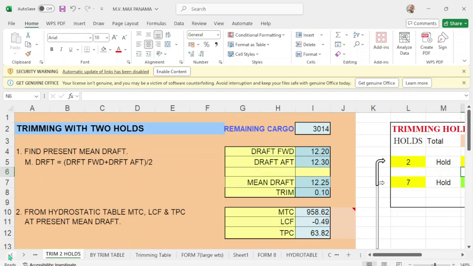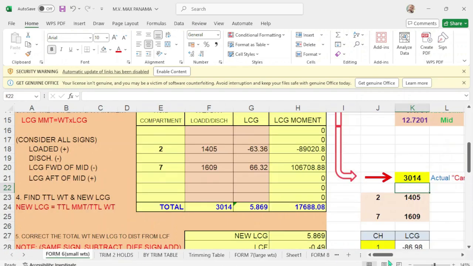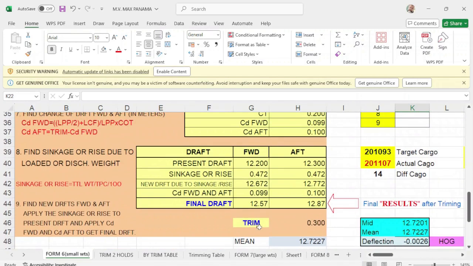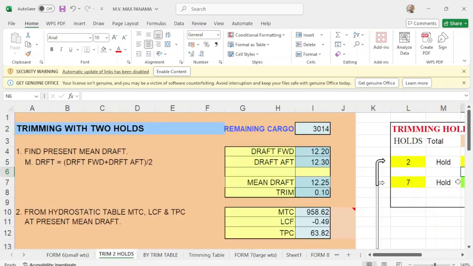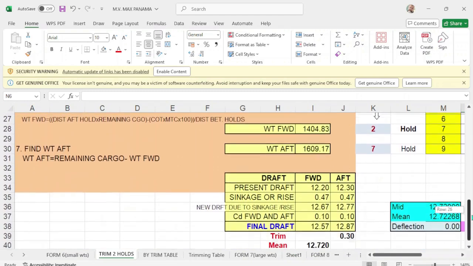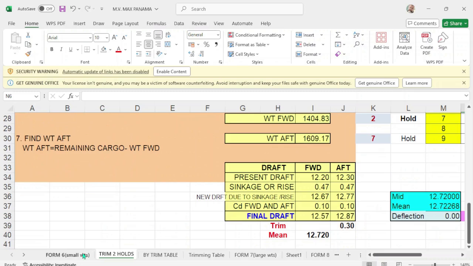Then we go to form number 6. The same, after applying your sinkage of 47 centimeters, 12.672, 12.772, minus your change of drop forward, plus your change of drop aft. The forward will be 12.57, which is the same here, and aft drop is 12.87.